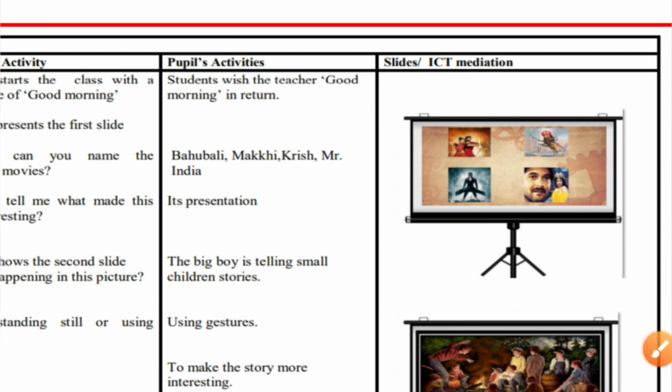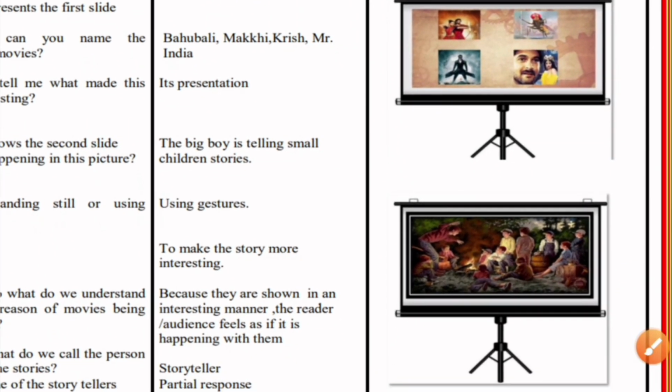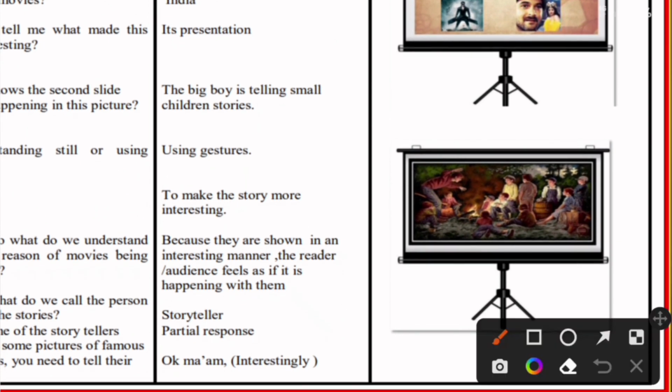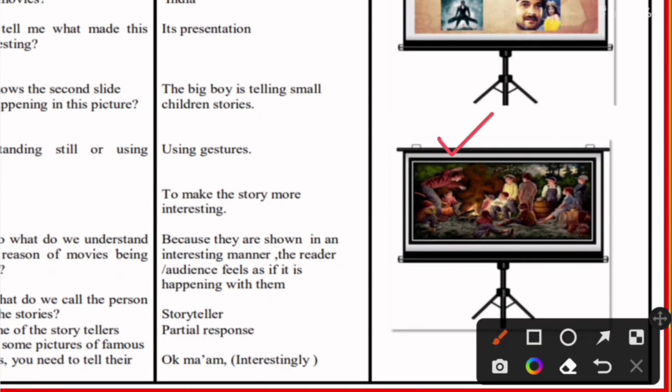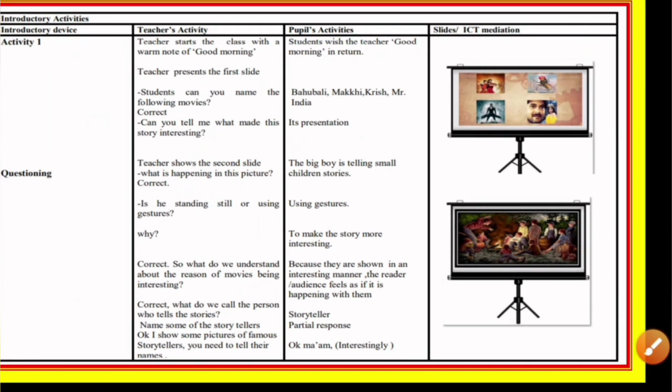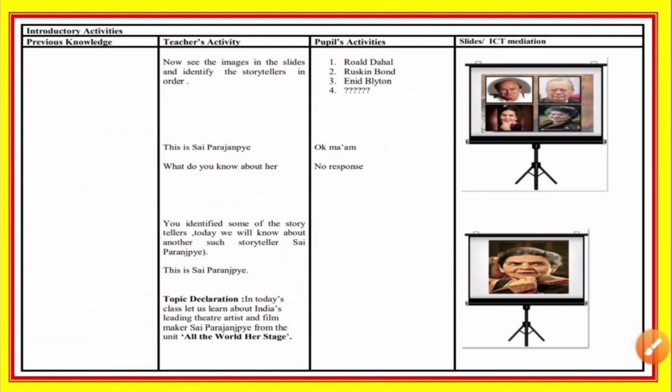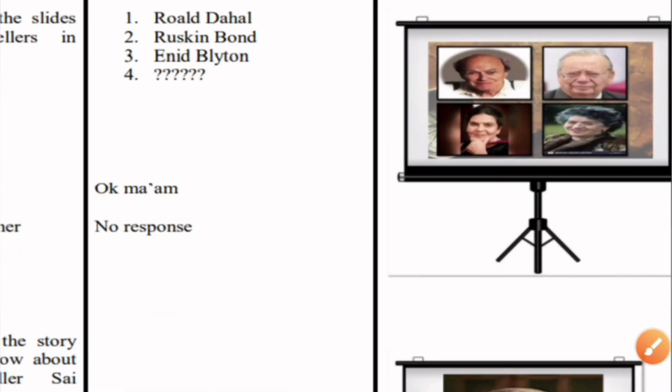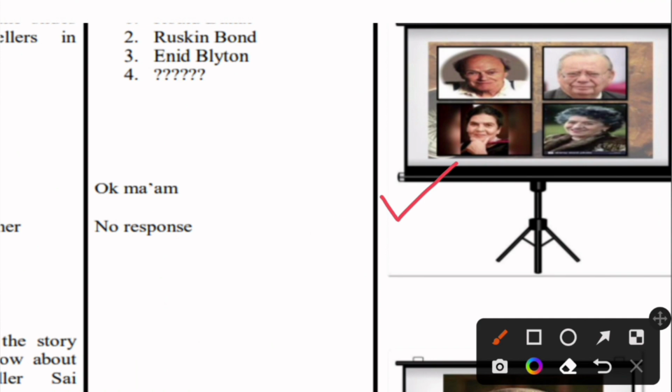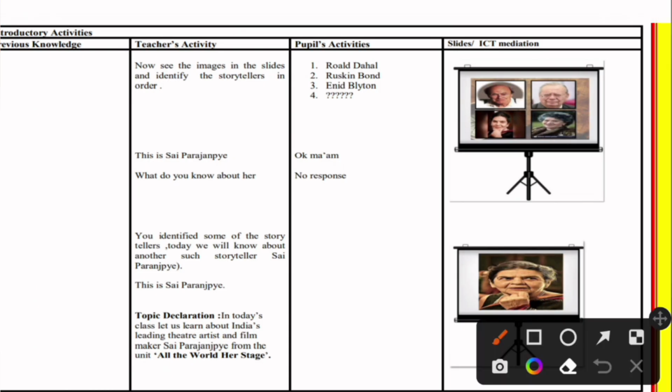After they had told the movie's names, I had further promoted interaction through an image of storytelling, which is presented in another slide, followed by further presentation of the images of great personalities, which you can see further in the next slide. Here you can see the great personalities related to the literary field. Once they reached to the name of Sai Paranjape, there I initiated some introductory questions about her, which led to non-response situation, and thus I announced the topic.